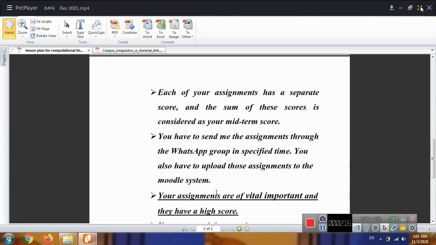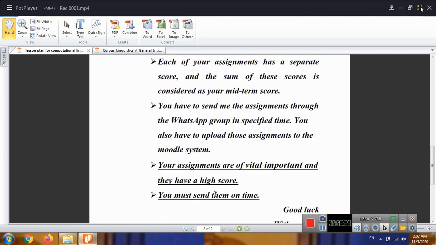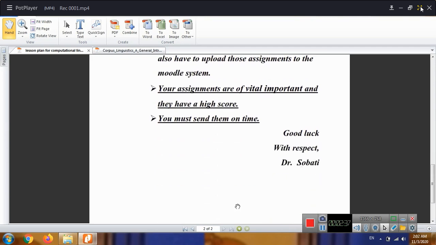You have to send me the tasks or assignments through the WhatsApp group at a specified time. You also have to upload those assignments to the Moodle system. Your assignments are of vital importance and they have a high score, and you must send them on time.